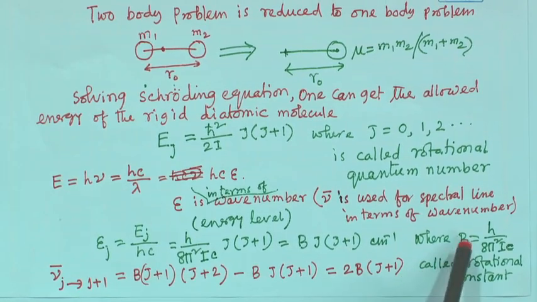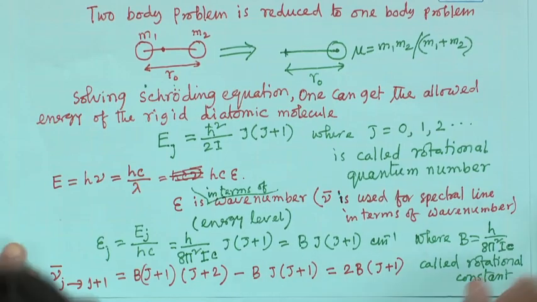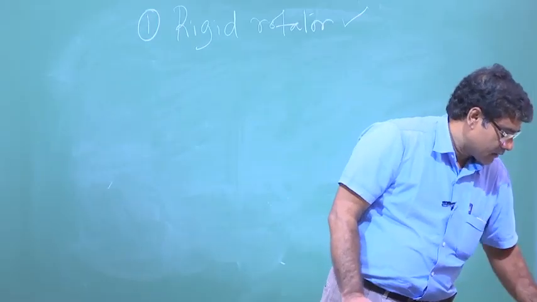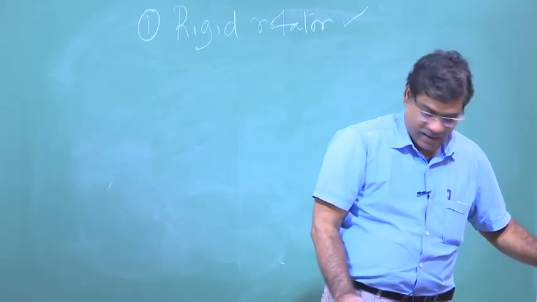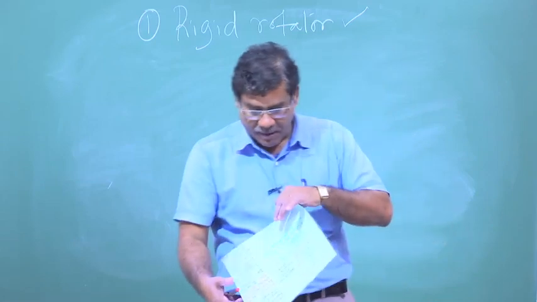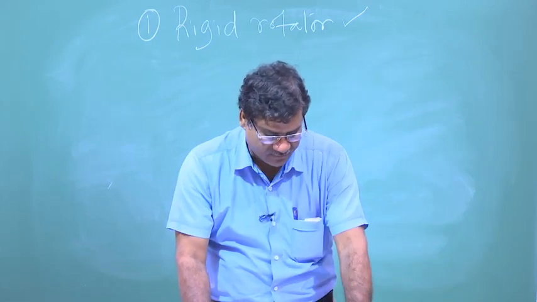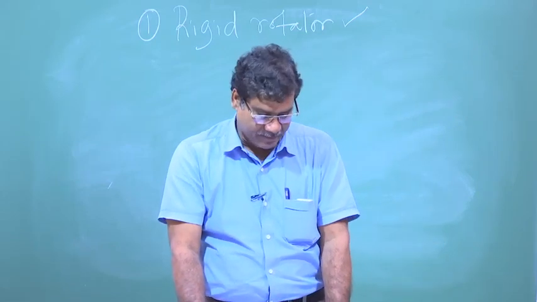And this B is called the rotational constant. So, nicely we got the wave number of the spectral lines of rotational spectra.